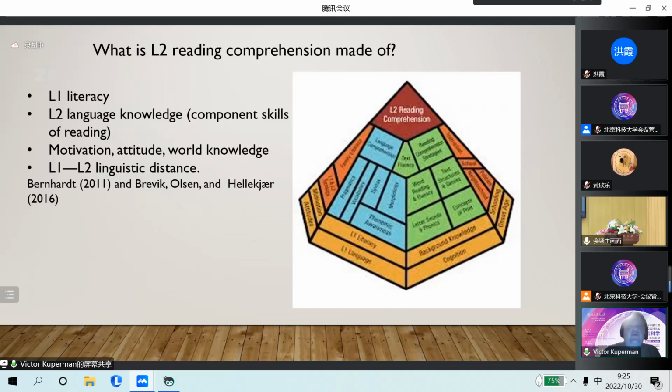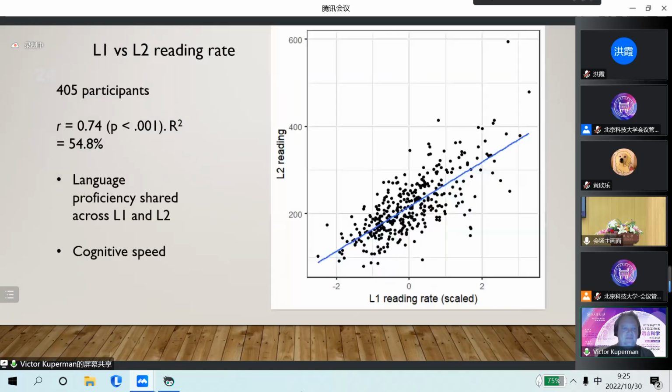Now, the last point I wanted to make is that the MECO data allows us to shed new light on what L2 reading comprehension is made of. So if you look at this pyramid, it's often been argued that what you need to have for your L2 reading comprehension is literacy in your first language, good knowledge of component skills of reading in your L2, and several other factors that we'll skip in the interest of time.